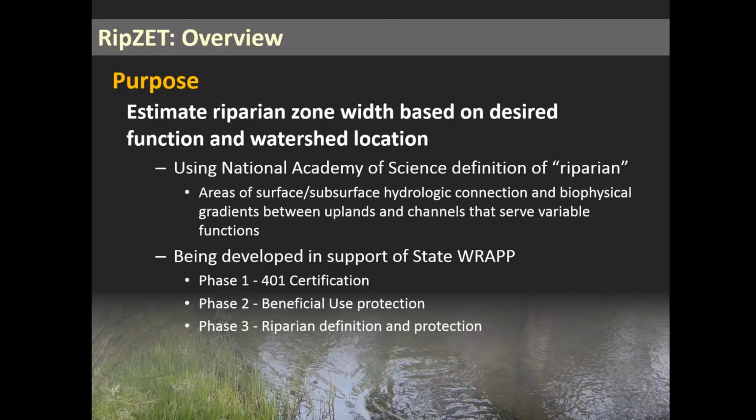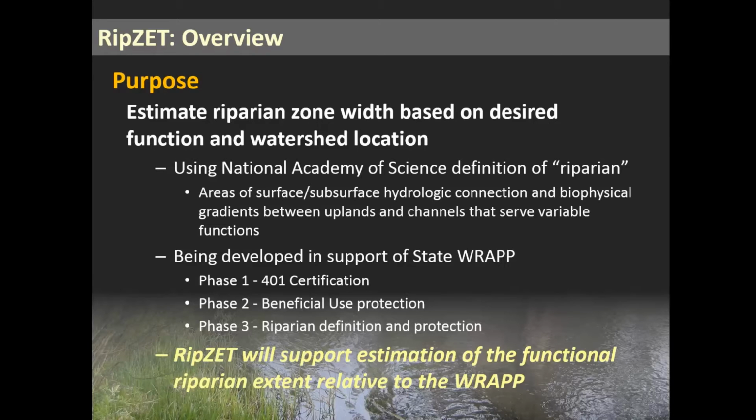We are developing RIPZET with funding from the state in support of their wetland and riparian area protection policy. The idea here is that ultimately the state is going to get to a definition of riparian, and RIPZET will then help users estimate the functional width according to what is in that policy.